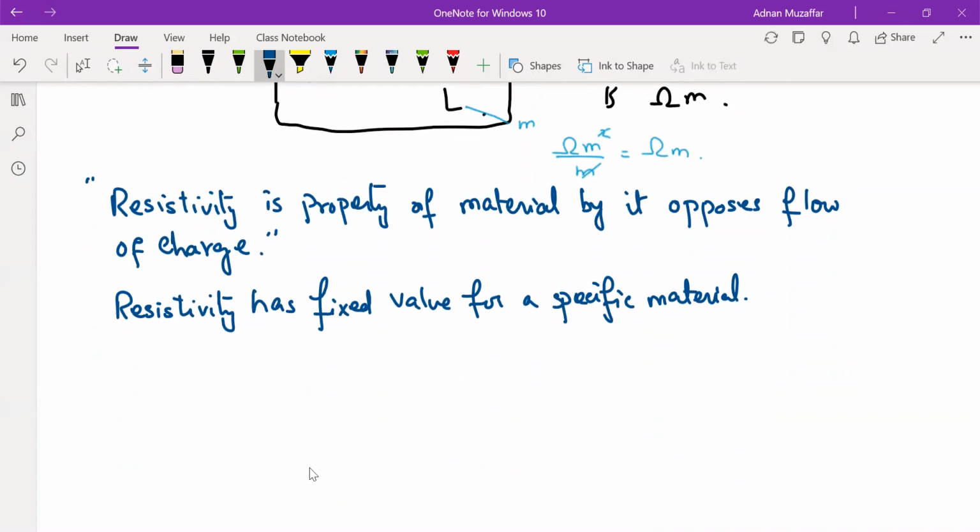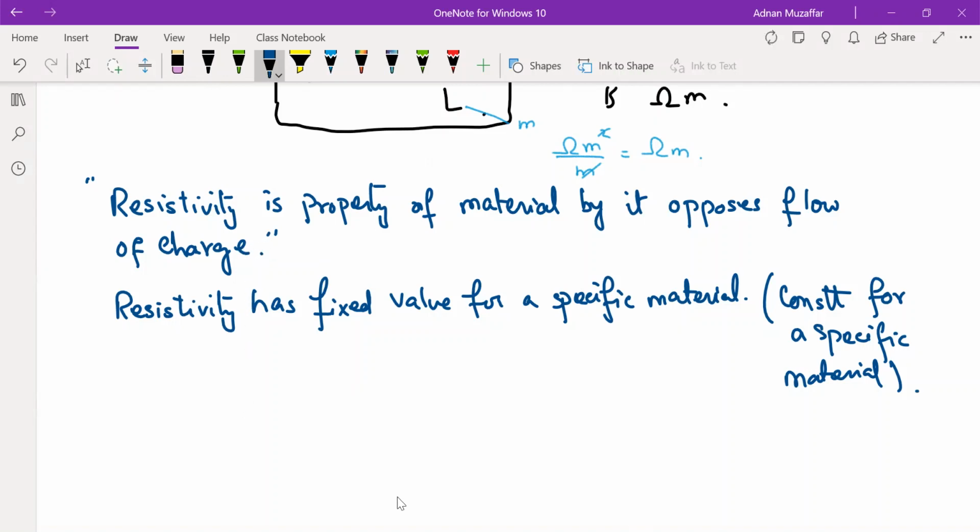If we are talking about steel, it would be constant. So resistivity is constant for a specific material. In other words, it cannot be changed. It's not possible that resistivity can be changed. So resistivity is a constant value, it has a fixed value. This is also one of the very important factors.